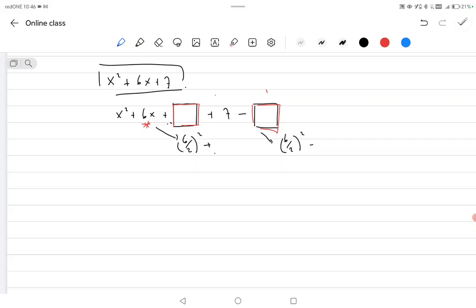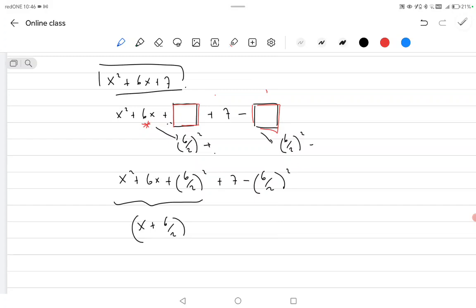So we can write x squared plus 6x plus 6 over 2 squared plus 7 minus 6 over 2 squared, and this we can simplify as x plus 6 over 2 squared plus this one.